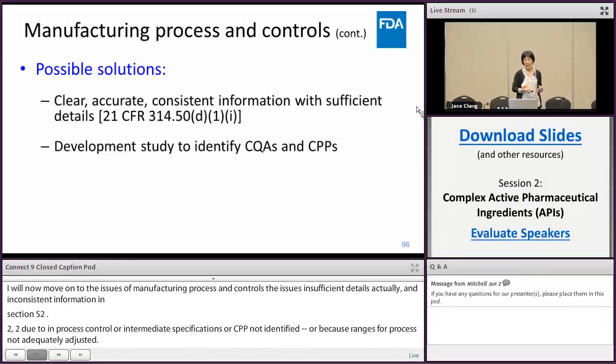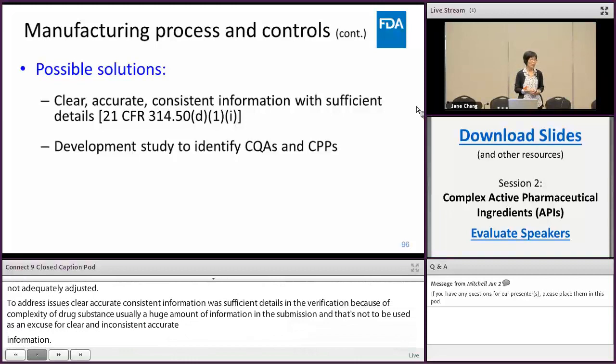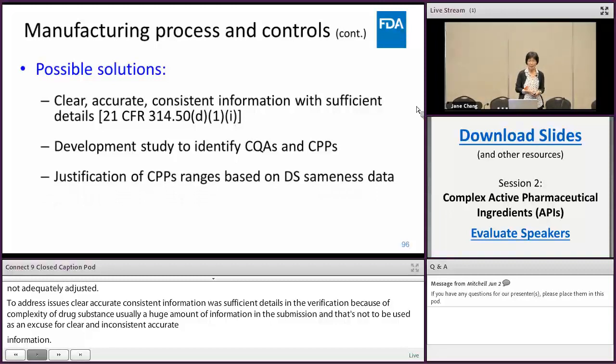Also, I encourage the applicant to conduct a development study to identify critical quality attributes and critical process parameters. The ranges for the CPPs should be justified.